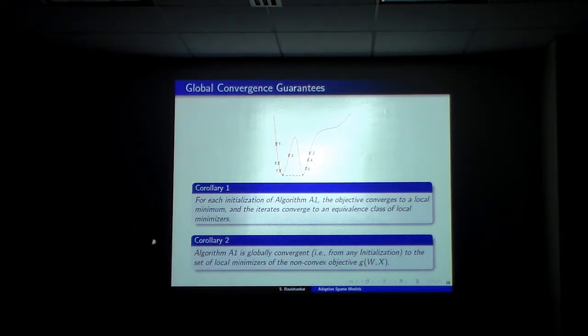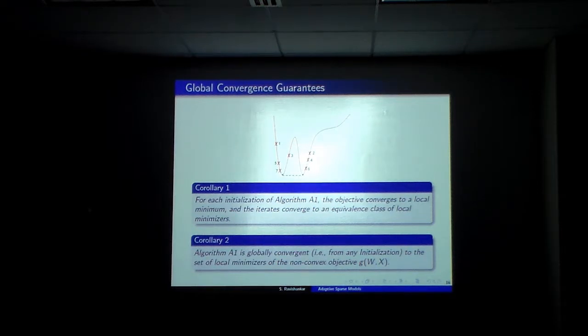Does this mean that all local minima of the objective function are in an equivalence class, or just the ones that are accumulation points of the algorithm? Yeah, the accumulation points of the algorithm belong to an equivalence class. There may be other local optima, but the algorithm just skips over those. It would depend on the initialization, because this is a local convergence property, so you may go to different sets of local optima.